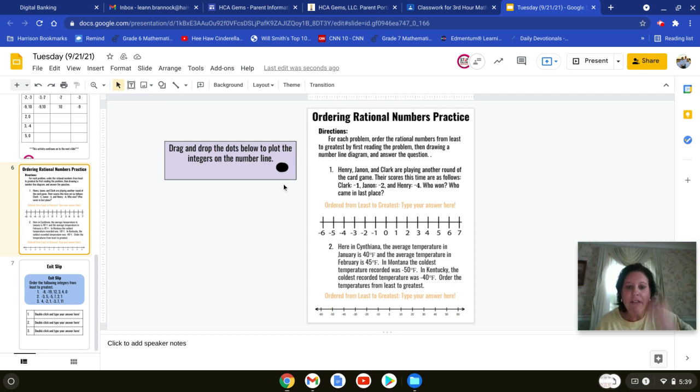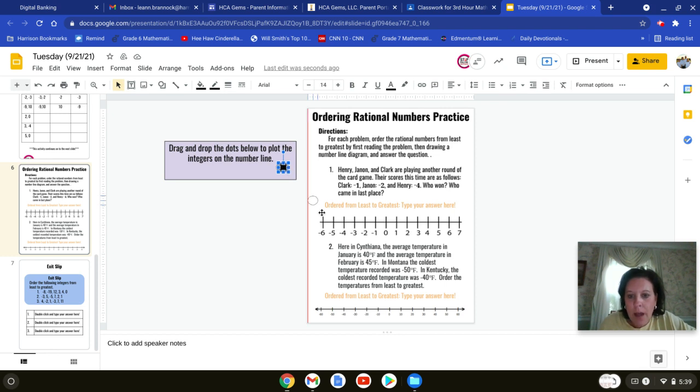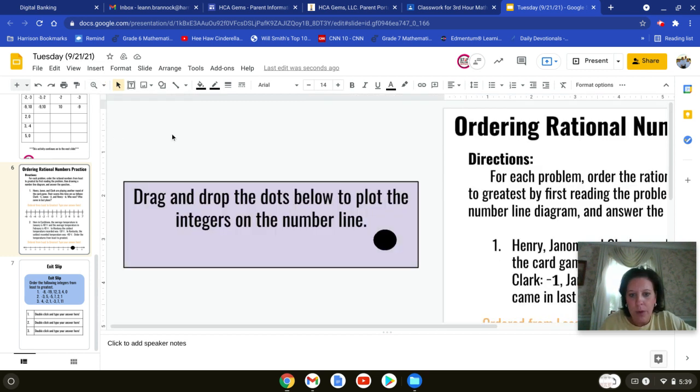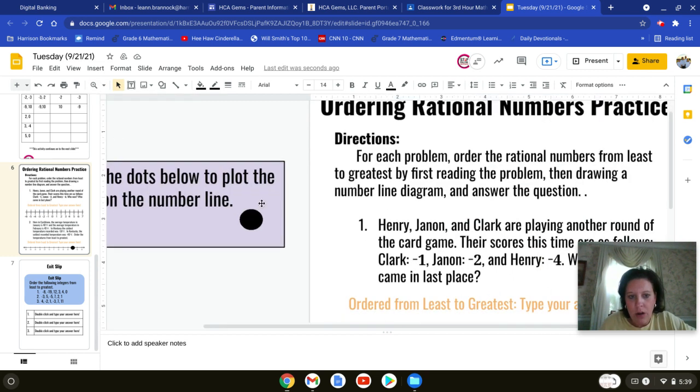Here in Cynthiana, the average temperature in January is 40 degrees Fahrenheit. So I'm going to take and put 40 degrees, and I just moved it down there. The average temperature in February is 45 degrees. Now I'm going to zoom in just so I can see exactly where I'm going, and make that really large.